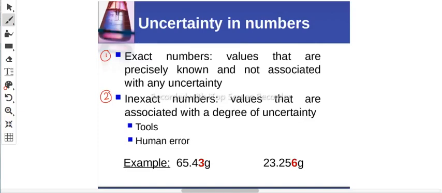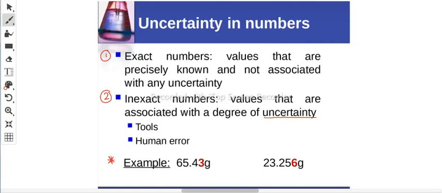When talking about the exact numbers, they are the values that are precisely known and not associated with any uncertainty. But the inexact numbers, they are the values that are associated with a degree of an uncertainty. To be more clear, I'm going to give an example which is at the bottom. Here I have 2 masses taken from a balance.